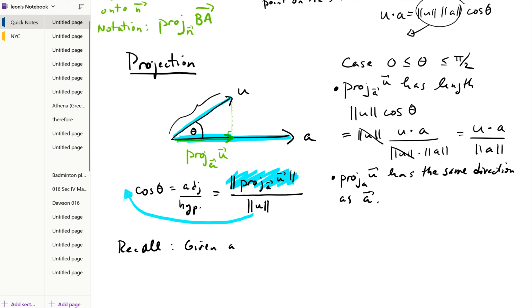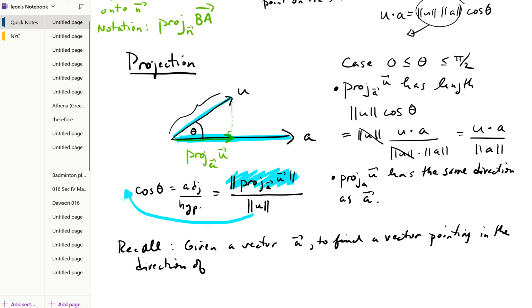Given, let's say, a vector A, to find a vector pointing in the direction of A with a length, let's say, of k, assuming k is a positive number here.